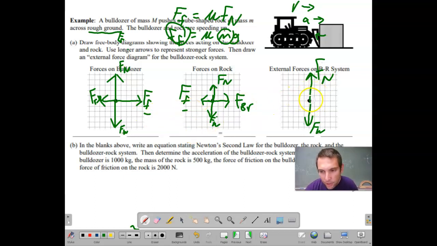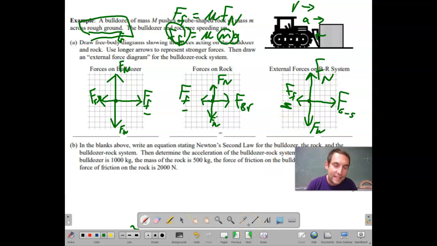So instead, I'm going to say this is a force of the ground on the system, and then we have a smaller frictional force to the back, because remember, we're dealing with a rough ground. So that is where the rough ground is coming in. It's that frictional force that's preventing any of the sliding, because that's what friction does. It prevents sliding.